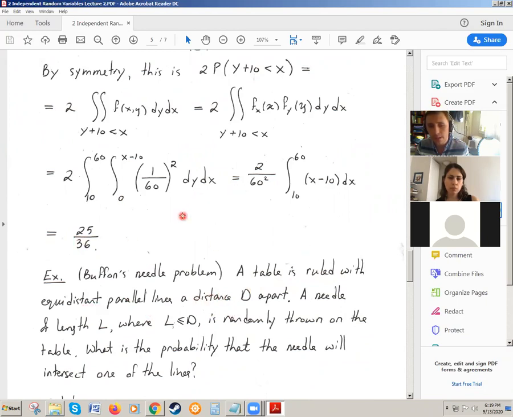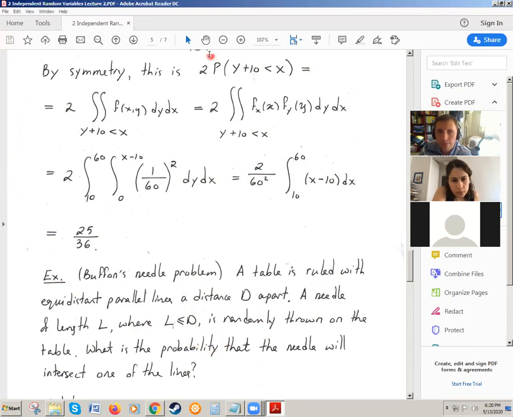So there are parallel lines, and the distance vertically from one line to another is always equal to d. And then what you do is you throw a needle on this table, and the needle is of a length shorter than the distance between the lines, so to speak, right? We throw the needle randomly, and the question is, what's the probability the needle will intersect one of the lines? The question makes sense?